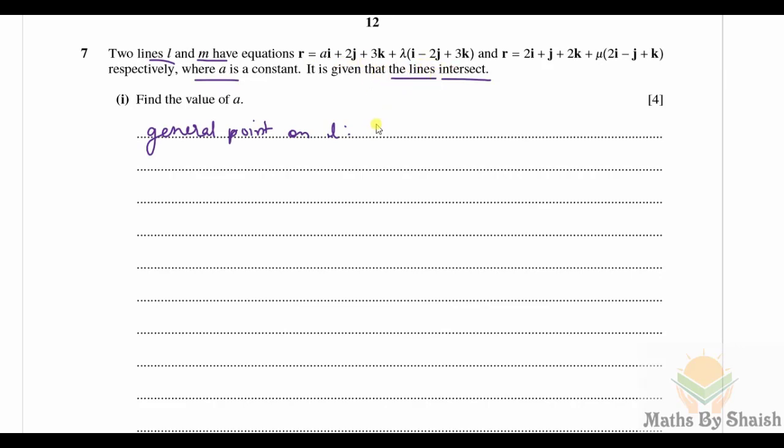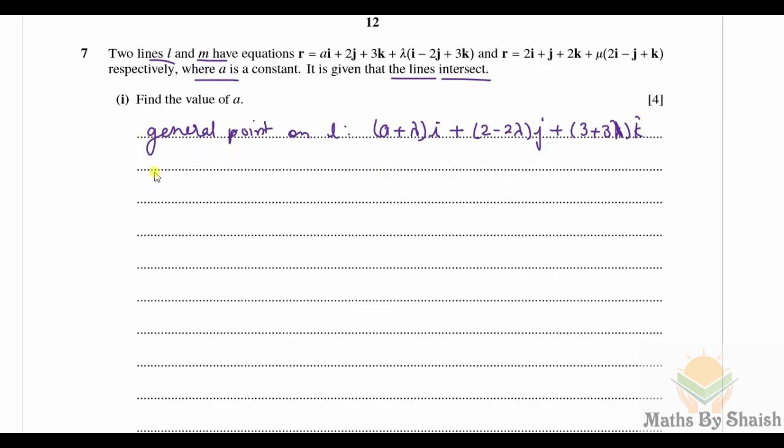We can take it as a plus lambda i cap plus 2 minus 2 lambda j cap and 3 plus 3 lambda k cap. This is any general point on L.